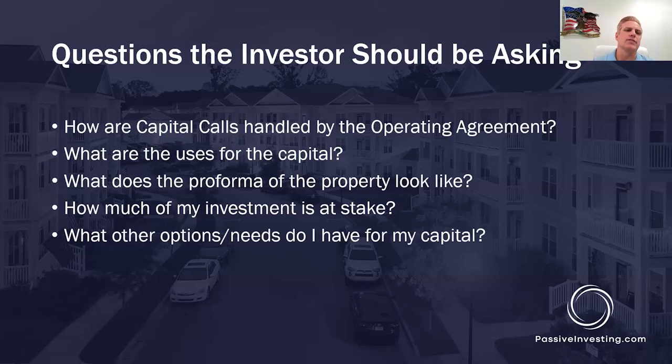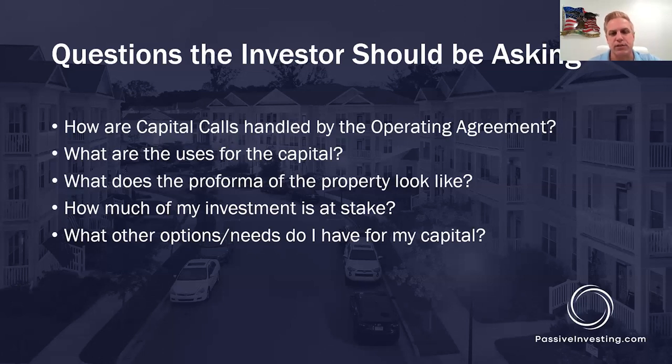You're also going to want to ask yourself, what other options do I have for my capital? Are there other properties that you might be having a capital call on that you feel more comfortable in, or more optimistic about, and you'd rather put your capital call money towards that property? Or the capital you're sitting on, is it something you could invest in a distressed deal or a distressed fund and get better returns because you're putting your money to work at a priority on the capital stack?